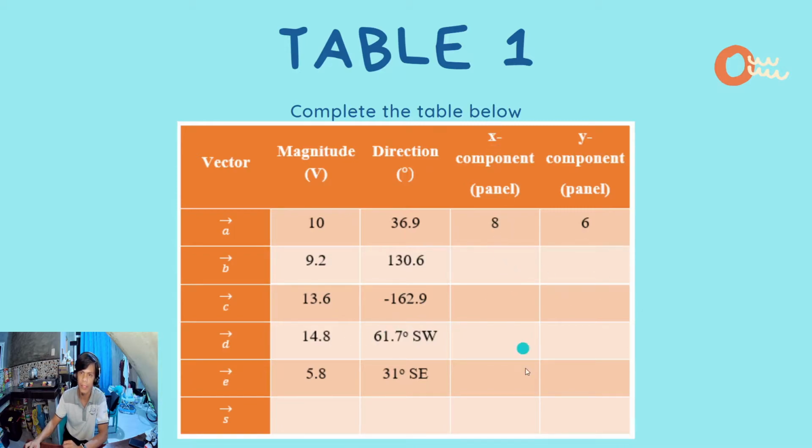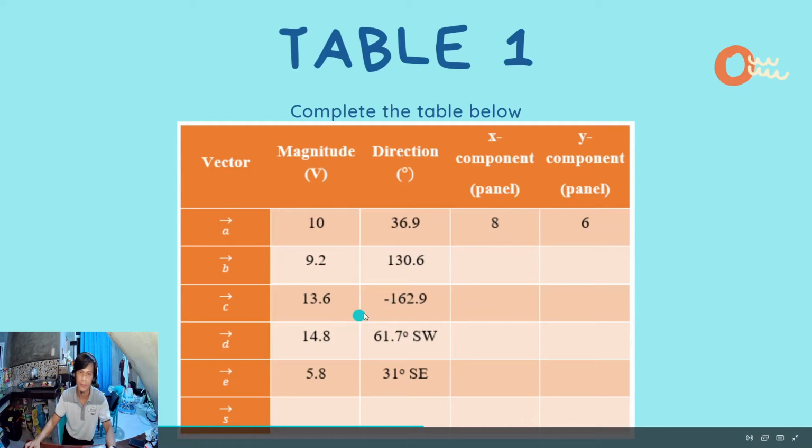So you have to write down on your paper, as we plot the different vectors, the x and y components. If you have questions, you can just type them in the comment box and we will consider those questions.